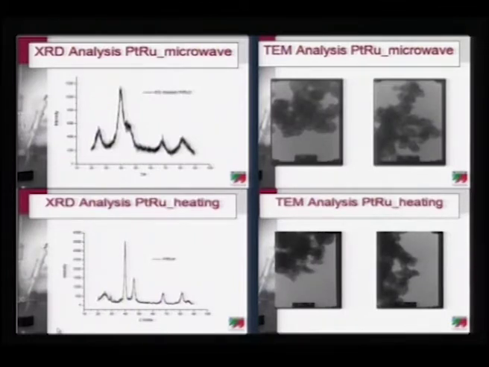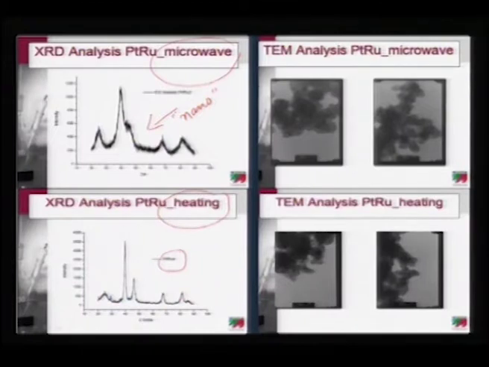X-ray analysis of platinum ruthenium which is exposed to microwave clearly shows a very different X-ray compared to the conventional heating procedure, where here you see a PtRuO4 type of X-ray pattern which is highly crystalline, whereas in this case you see a broad X-ray broadening in these peaks, which is indicative of nano size. So, whenever there is X-ray broadening, you talk about a nano size regime, and that is the reason why it is not highly crystalline.